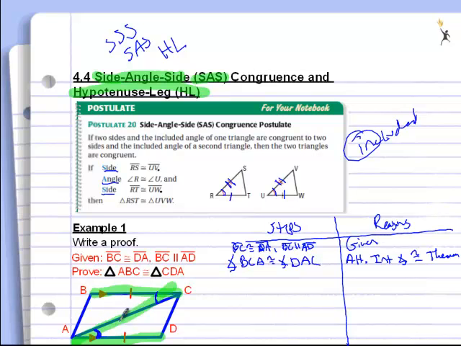Now, the other thing I want you to see is that we've got this side. Both of these triangles share this side. Well, that side is CA. Both triangles, ABC and CDA, have side AC in them. I mean, they share it. That's how they're connected. I can say that CA is congruent to CA.